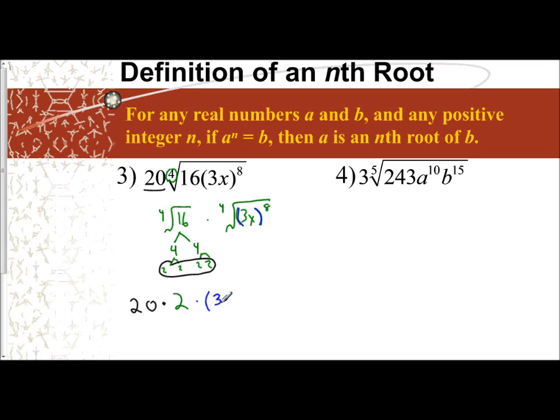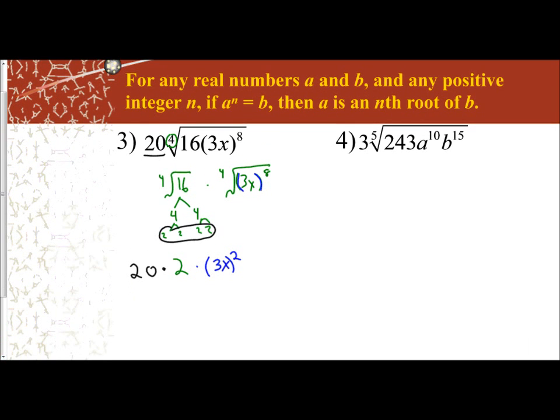So that means you can take out 2 of those parentheses. And nothing's going to remain because it goes in there evenly. And now it's about simplifying. I have 20 times 2, and 20 times 2 is 40. And then I have 3x, that quantity squared, which is 3 squared is 9, x squared. And so I get 360x squared.